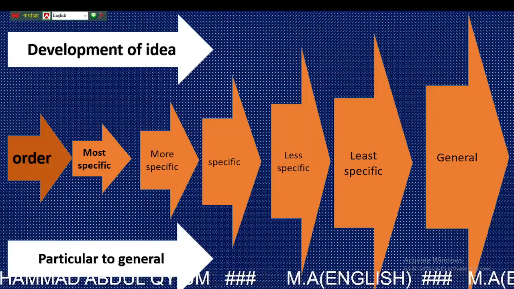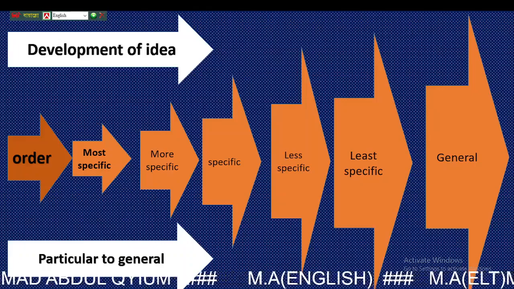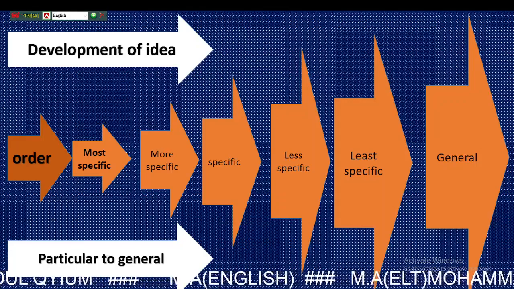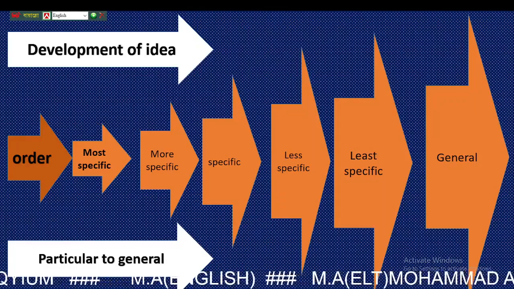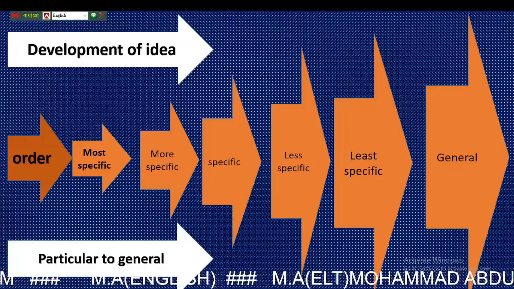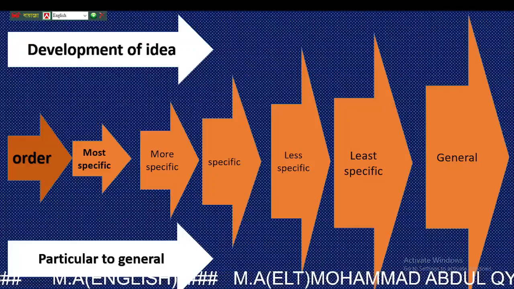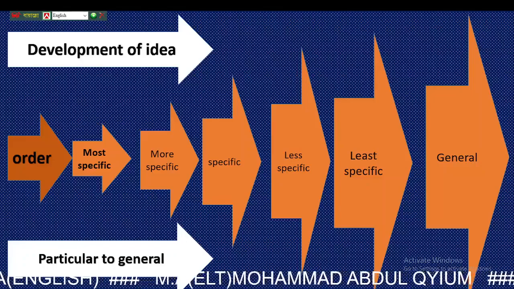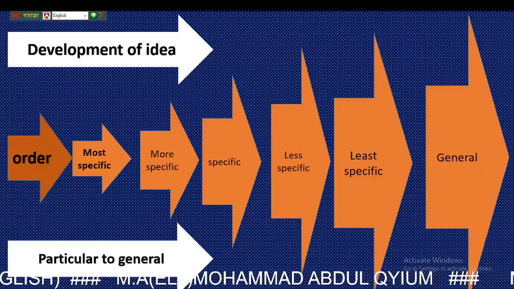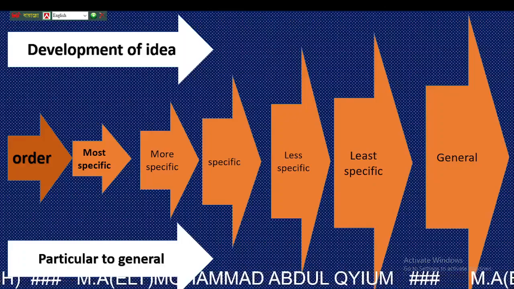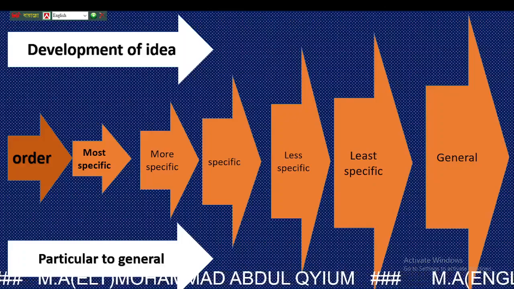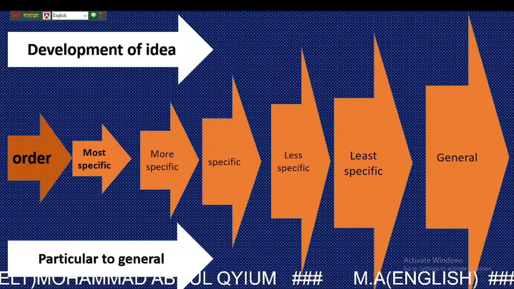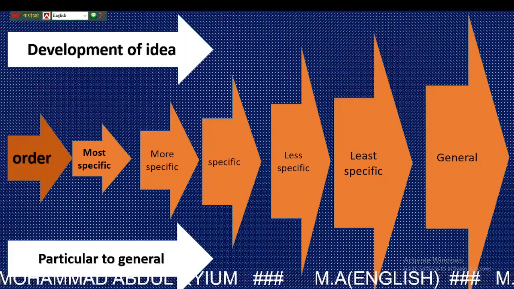And gradually you will go to the general statement. Thus we can say that juvenile delinquency refers to criminal activities carried out by young people under some special circumstances. This is how we could maintain the two orders.